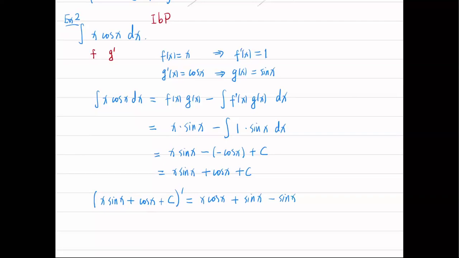And what's the derivative of C? C is a constant, so it's 0, not 1. Okay, now this sine cancels with the sine. We have x cosine x. And this is the integrand we started with.